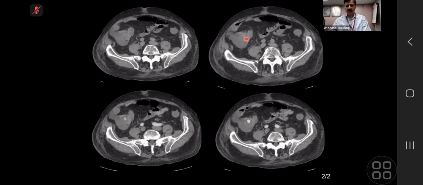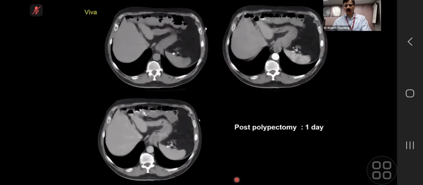This is the unenhanced, and now what is your conclusion? That there is an active bleed. Your answer that I will also ask for a delayed is also a correct answer, because when you do a delayed film, it will make the diagnosis even more certain. For example, this patient had a polypectomy, and you can see this arterial phase.